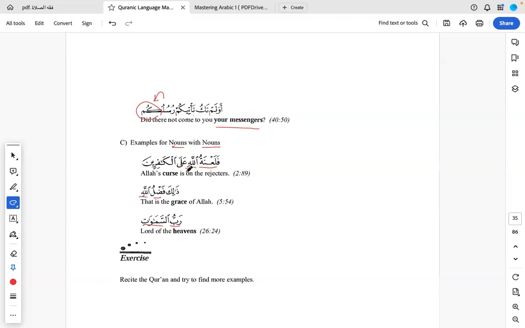Now, as the book has noted, in all these two-word structures, where a noun is added to another, the second word all the time ends with a kasra, as you can see.